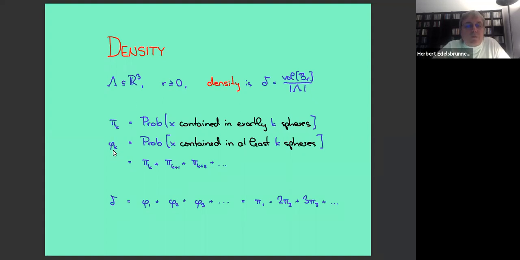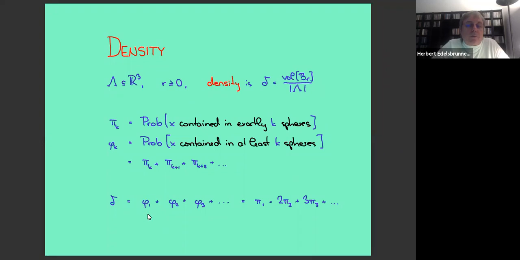Okay, so phi sub k is the probability that I am contained in at least k spheres. So it's pi sub k plus pi sub k+1, etc. And with this terminology, then delta becomes the expected number of spheres that contain a random point.